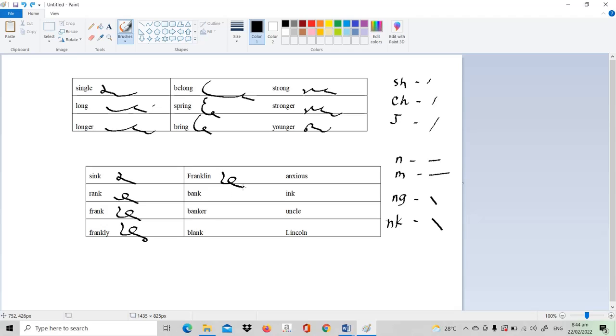Franklin. Wait, let me check. Baka magkamali ako. Tingnan natin yung ating Franklin. Ulit natin.